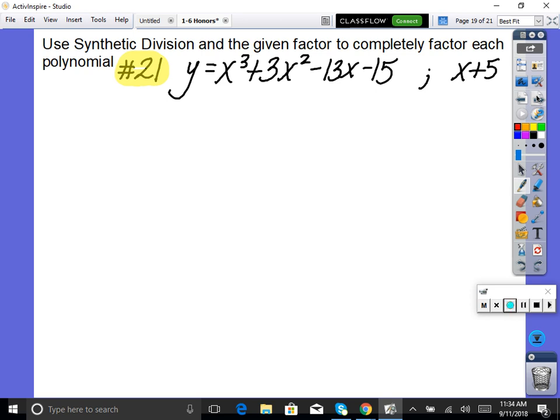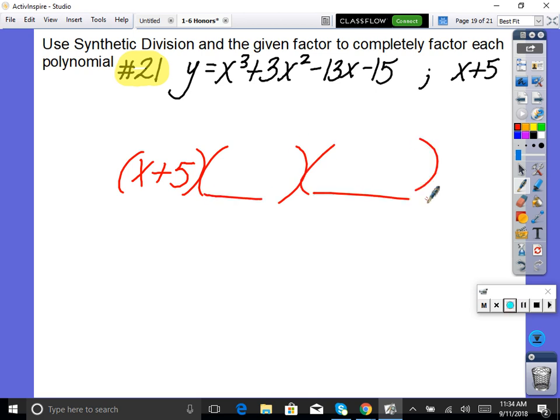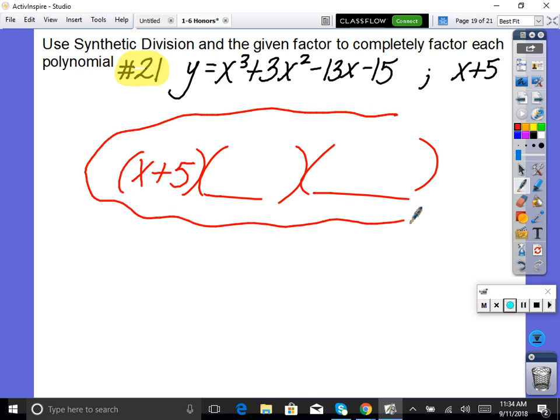So what do we know for a fact? When we divide it, the remainder will be 0. And then we'll have a quadratic. So your answer on 21 should come out to be x plus 5, that's one of the factors, and then you'll have a quadratic that will factor to be 2 more things. Right? That would be your answer. Just factor it completely. So you would finish that one off.